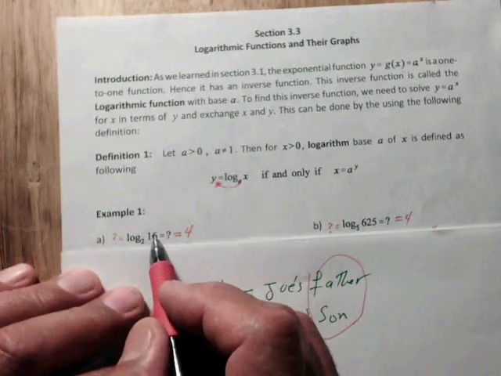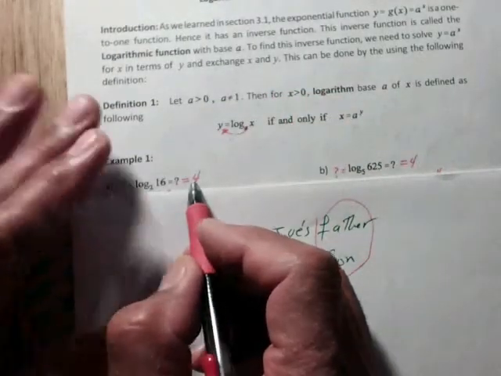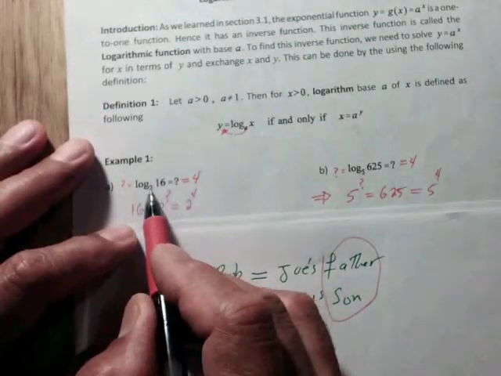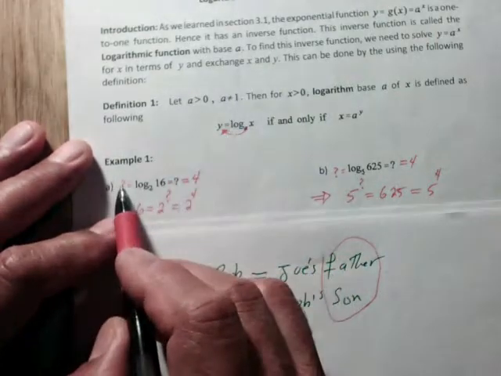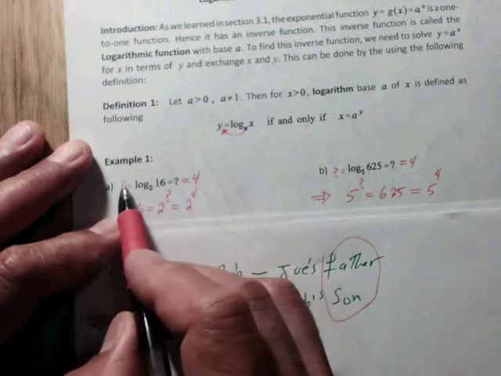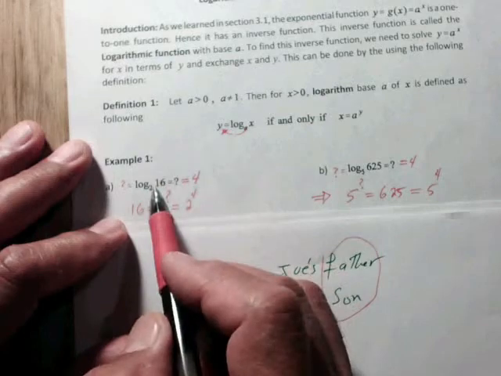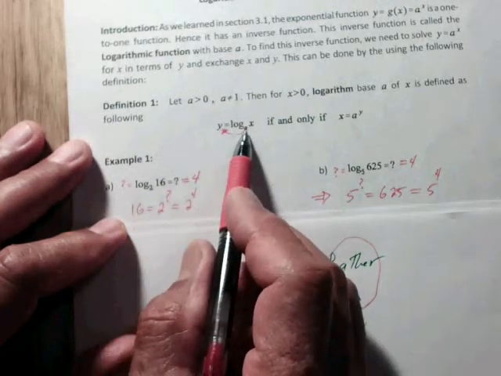What is log of 16 to base 2? I say log of 16 to base 2 is 4 because 16 equals 2 to what power? If you write question mark equal to log of 16 to base 2, then question mark is playing the role of y, 16 is the role of x, and 2 is the base.